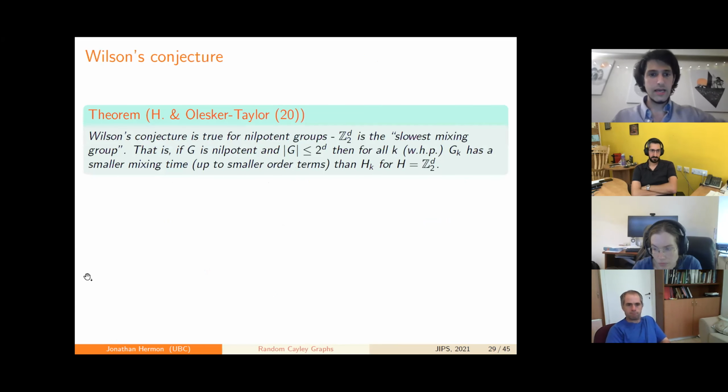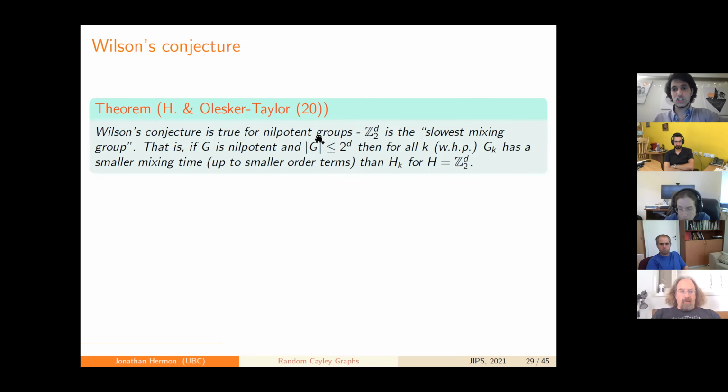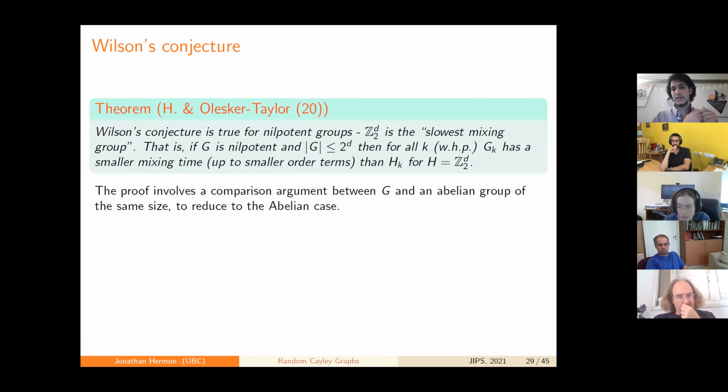Okay, so one of our results is that we verify Wilson's conjecture, but we verify it only for nilpotent groups. So for nilpotent groups, indeed, Z mod 2Z to the D is the slowest mixing in the sense that Wilson conjectured. Some comments about the proof: first of all, we have a comparison argument between the mixing time for a random Cayley graph when G is a nilpotent group and a corresponding abelian group of the same size.